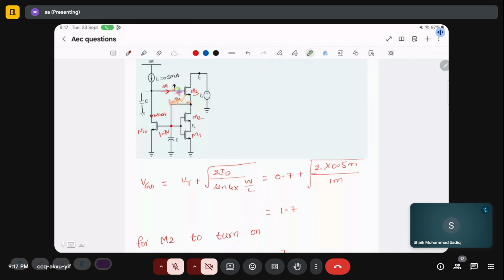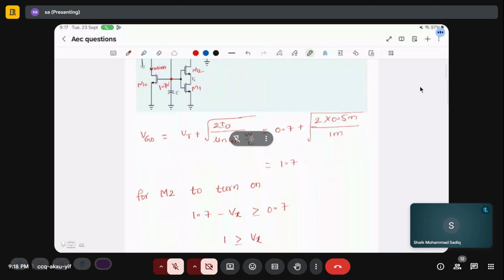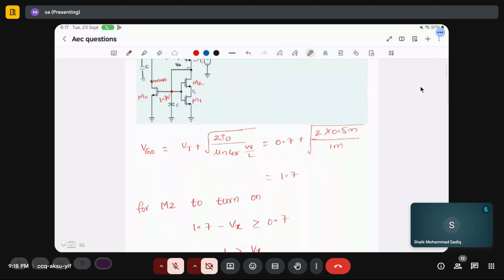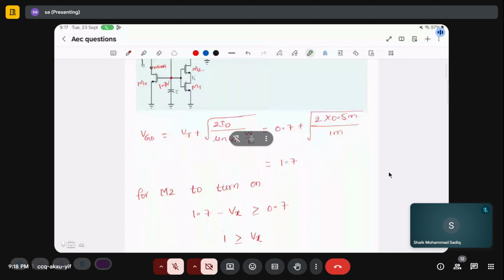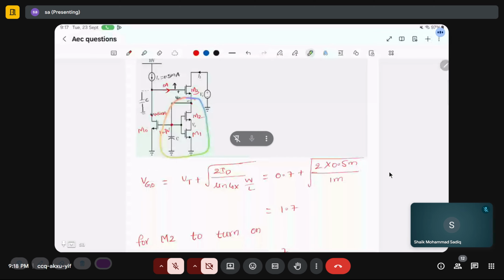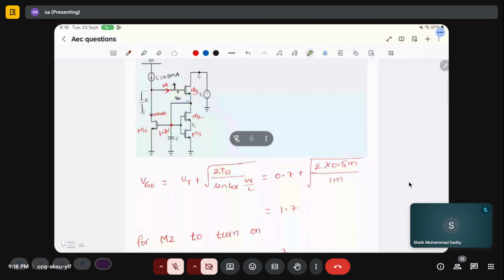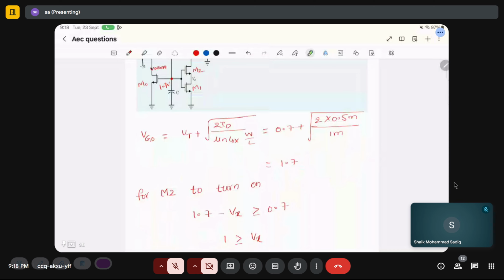You will put 2.7 volts as the answer, and your answer will be wrong. That's what we all did. But the catch is in this particular area. So we'll check that.